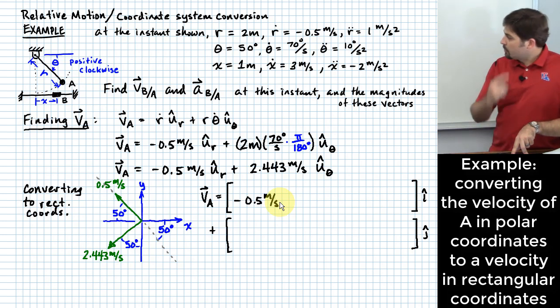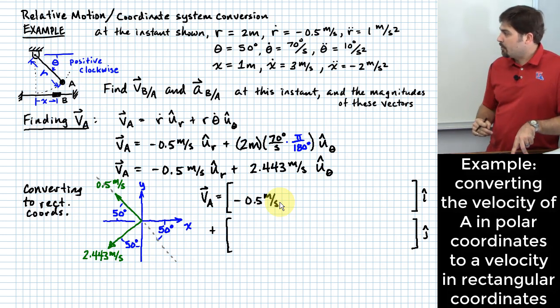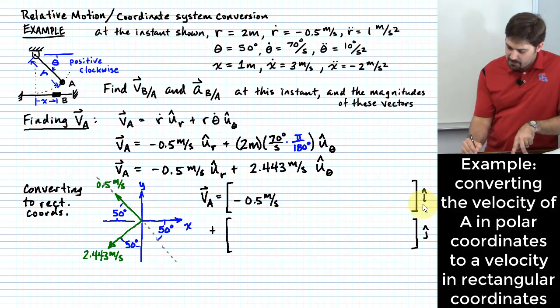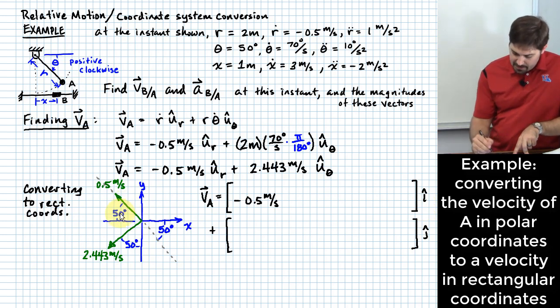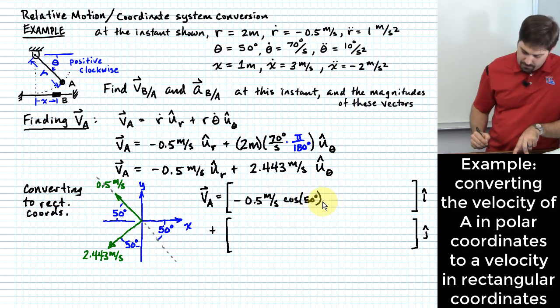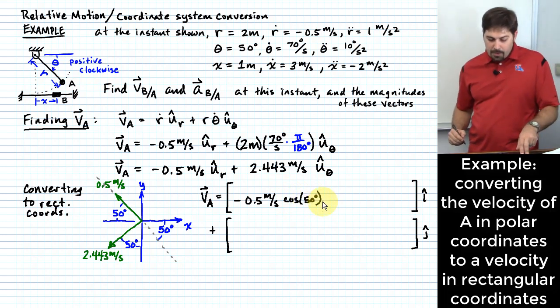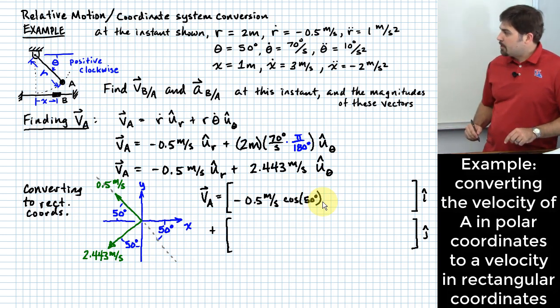So we have to ask, is that 50-degree angle measured adjacent to x or opposite of x? Because we're dealing with x, since the i component is associated with x. I would say it's adjacent, so we have this times the cosine of 50 degrees, to pick off the component of the half meter per second squared that goes in the x direction.